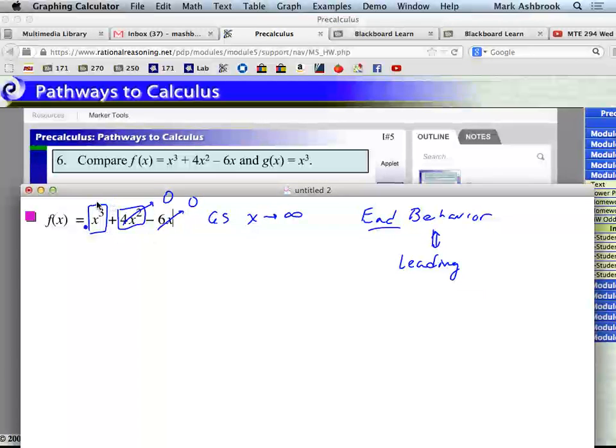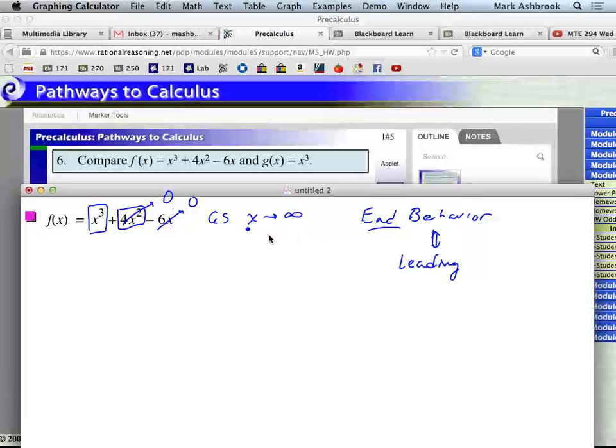Why? Because this is at least a trillion times greater, or 100 trillion times greater, or even bigger than that, right? So it's the biggest value of x you can imagine. This will always be at least that many times greater than all the rest. So it's like the rest of the terms disappear. So when we look at the end behavior, we're looking at the leading term.